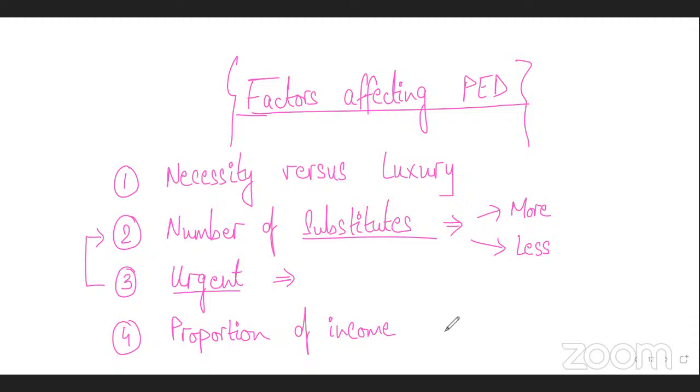But yeah, if I whine about the electricity expense going up in Pakistan, or the fuel prices going up, then that's legit, because they take a big proportion of my income, or anyone's income. So how much income you're spending on the good will determine whether it's more elastic or less elastic.